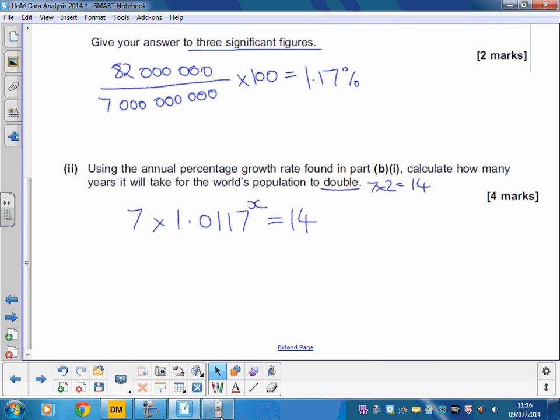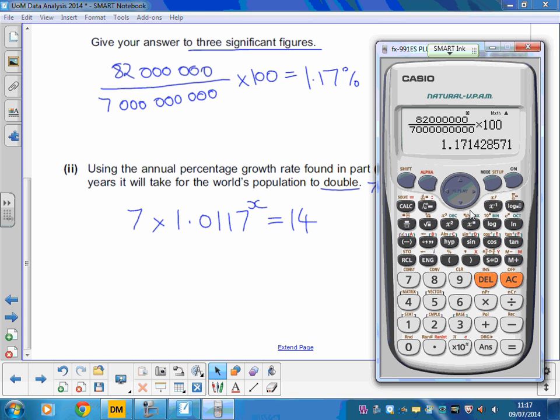We can now use our calculator's equation solver. So 7 times 1.0117 to the power of x equals 14. Shift solve. Have a guess. We know it's going to be quite a lot of years, so I might guess, say, 30 years.